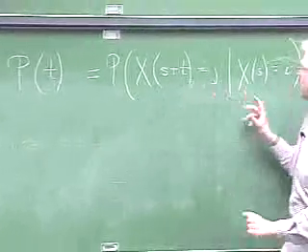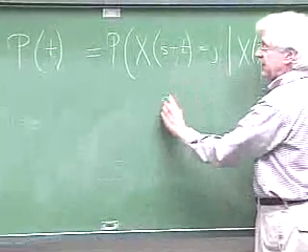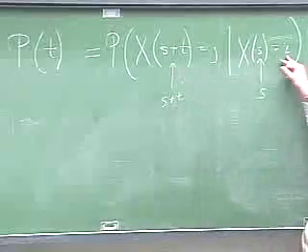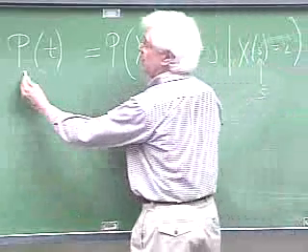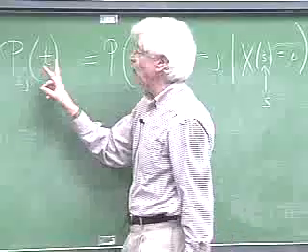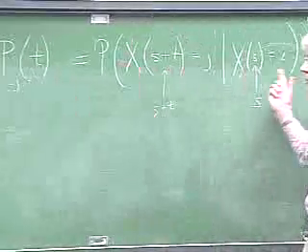Here's time s, and here's time s plus t. So this is t units later, and the probability of going from i to j would be p_ij of t. It would depend on t. Before, this would have been a 1 here.